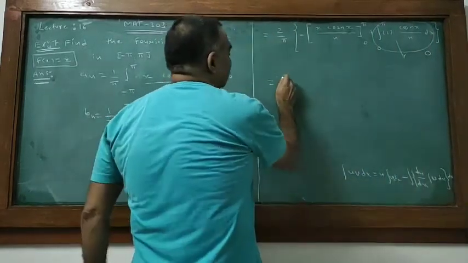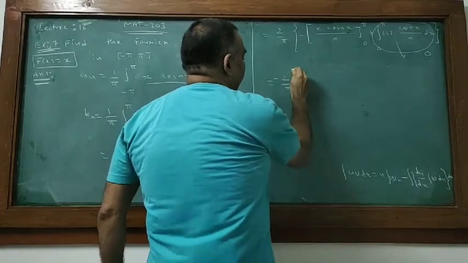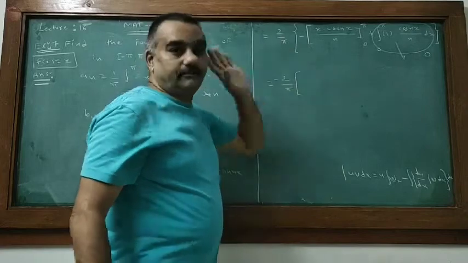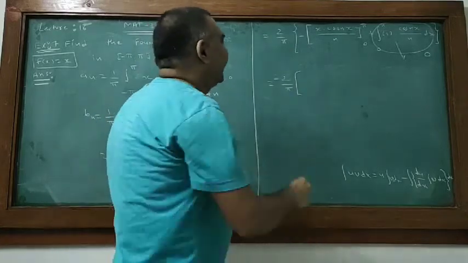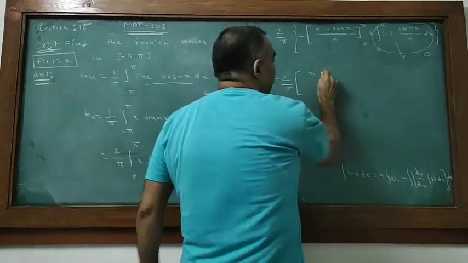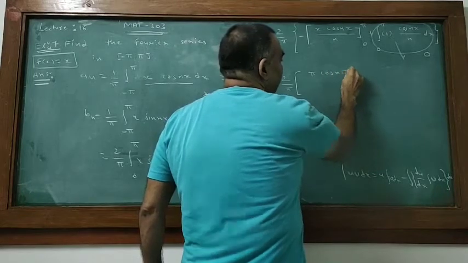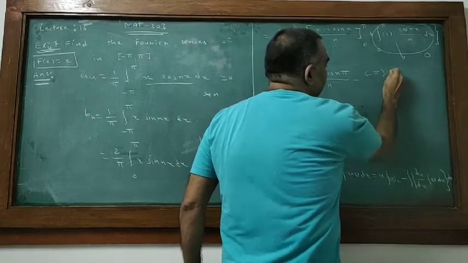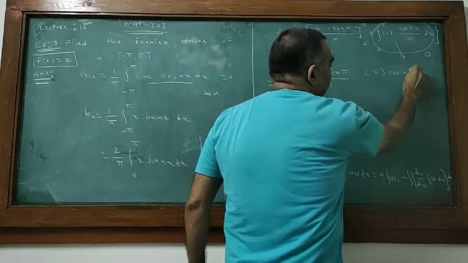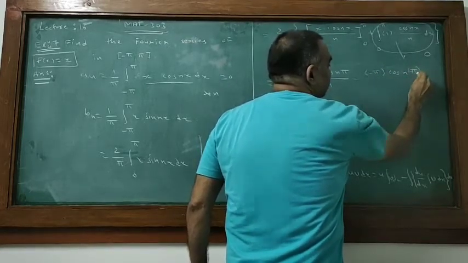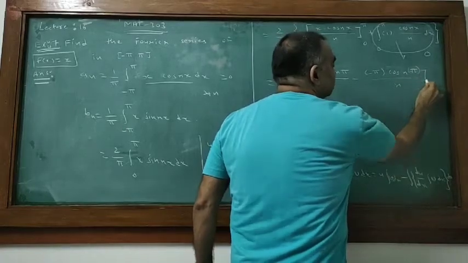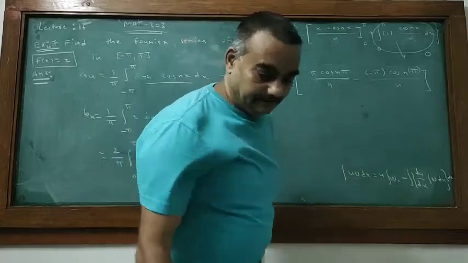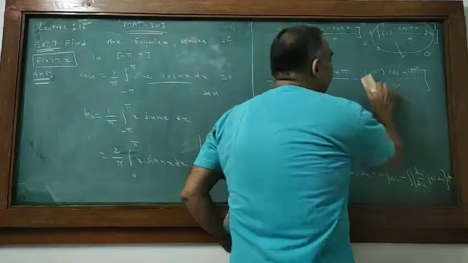So this is equal to 2 upon pi. I put this minus sign outside of the bracket. Pi cos n pi upon n, the second term is 0.